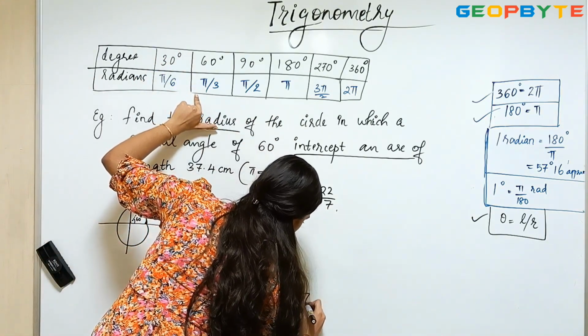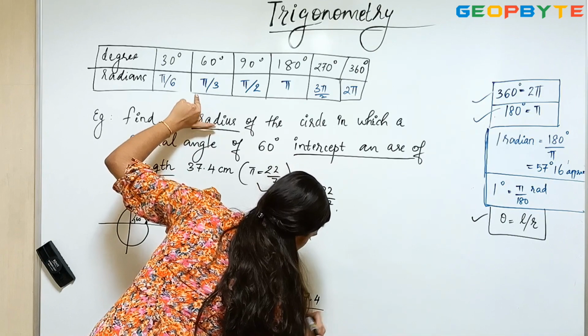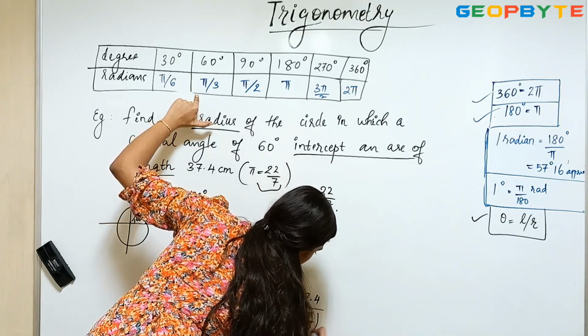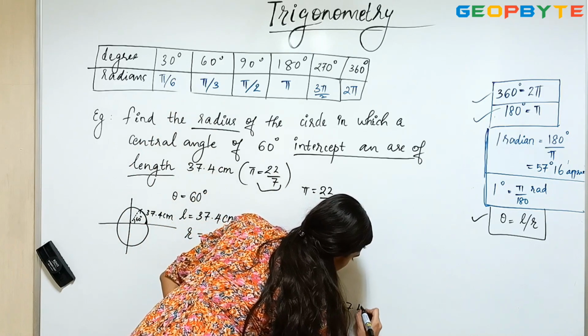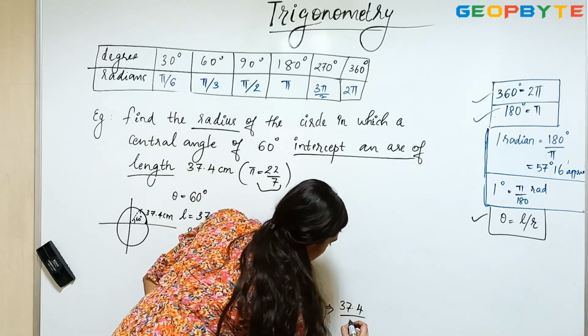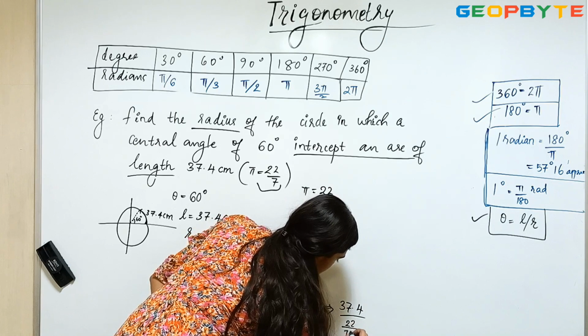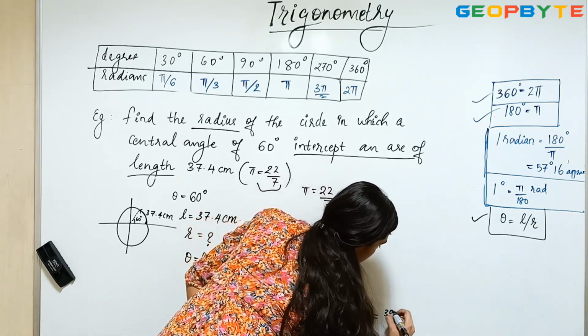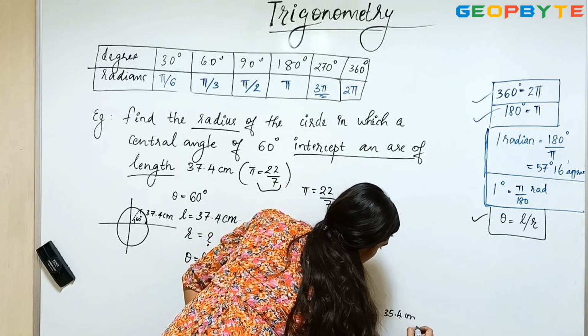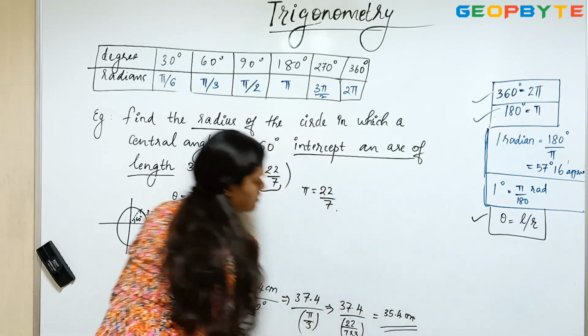So 37.4 divided by pi by 3, or 37.4 divided by 22 by 7 into 3. So this would be around 35.7.